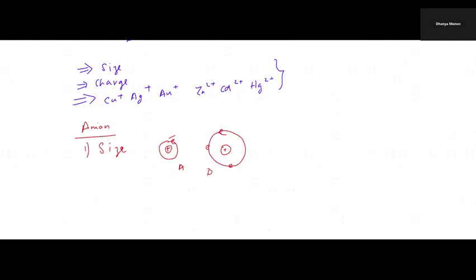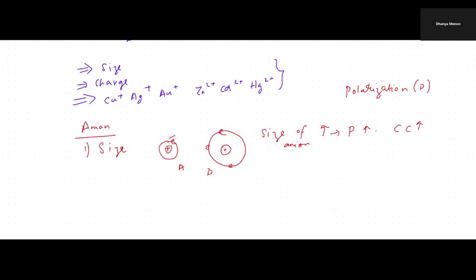So if the size of the anion increases, what happens to polarization? Polarization increases. It's not polarizing power. For anion, it's polarization: how the electron cloud gets distorted, that's polarization. So polarization is for anion. I'm denoting it with P. Polarization increases, covalent character increases.